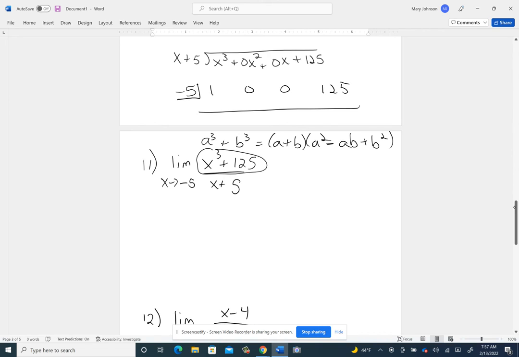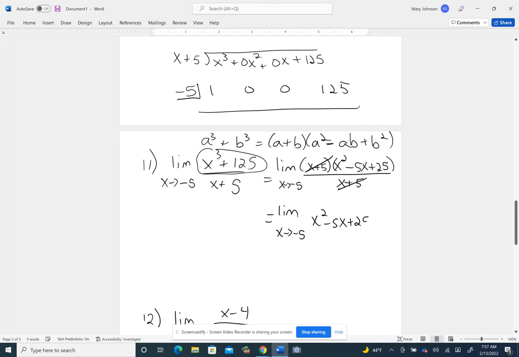But that numerator would factor into x plus 5, and then you'd have x squared minus 5x plus 25. And so now you're able to knock out the x plus 5, which was the trouble spot, and the limit of the original expression would equal the limit of just x squared minus 5x plus 25.